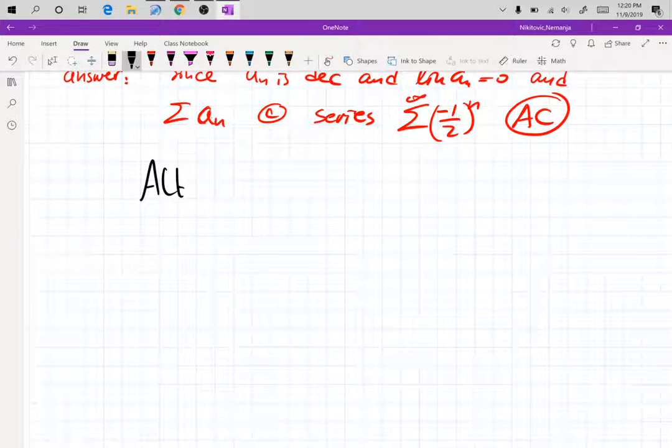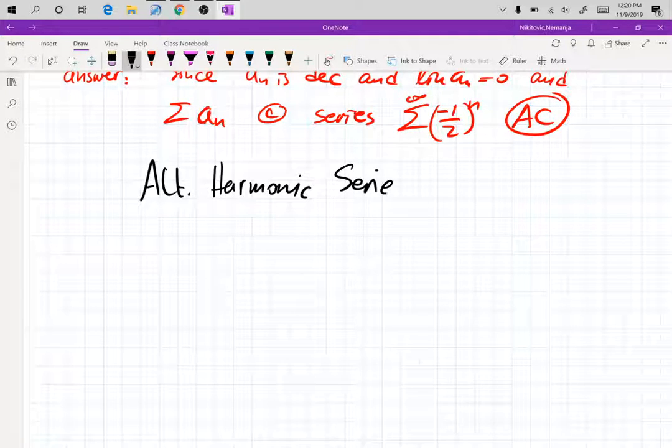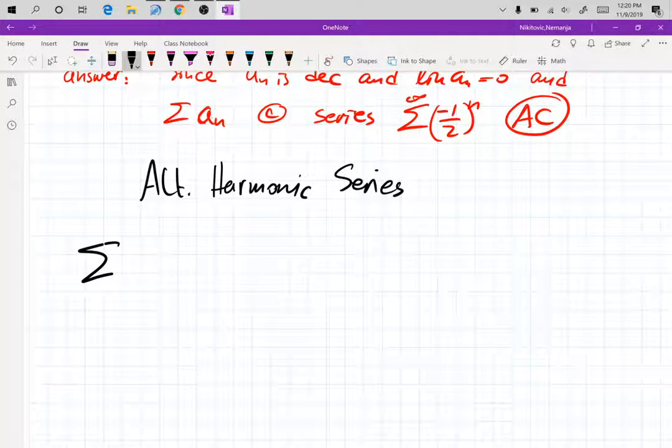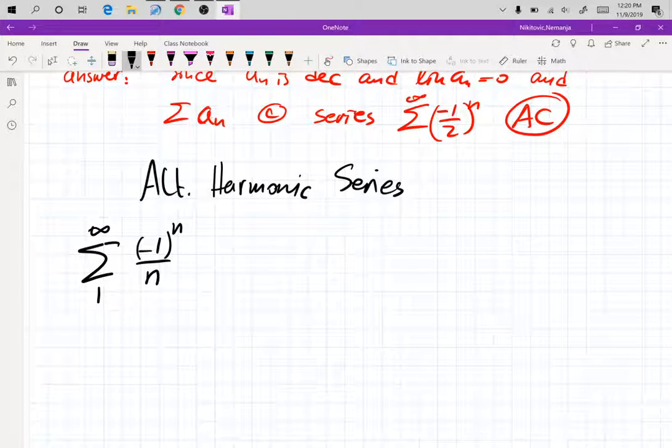The alternating harmonic series: summation of (-1)^n divided by n from 1 to infinity. You should be able to work out this one on your own following the tree. Make sure you do the two conditions for a_n. The conditions for a_n are that it is decreasing and the limit of a_n has to be 0 as n goes to infinity.